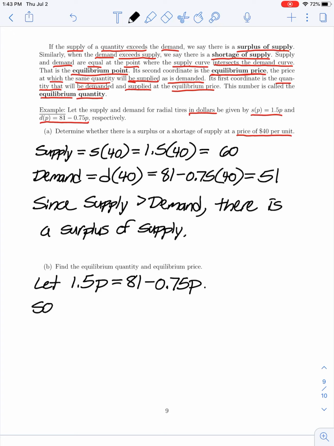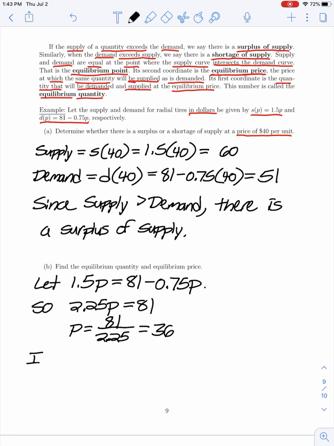So adding 0.75p to both sides, we have 2.25p is equal to 81. So to find p, we take 81 divided by 2.25, which gives us a value of 36.